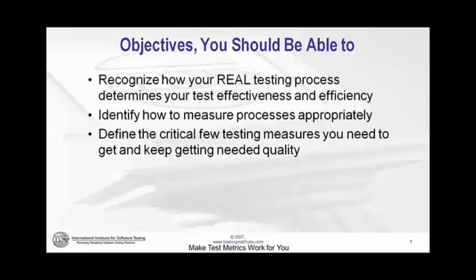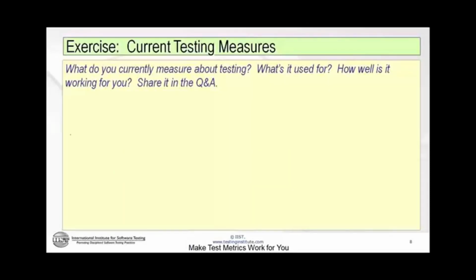So part of using measurements effectively is zeroing in on a critical few measures that help you get the needed quality and keep getting the needed quality. Doing it initially and continuing it are two important and not quite the same things.